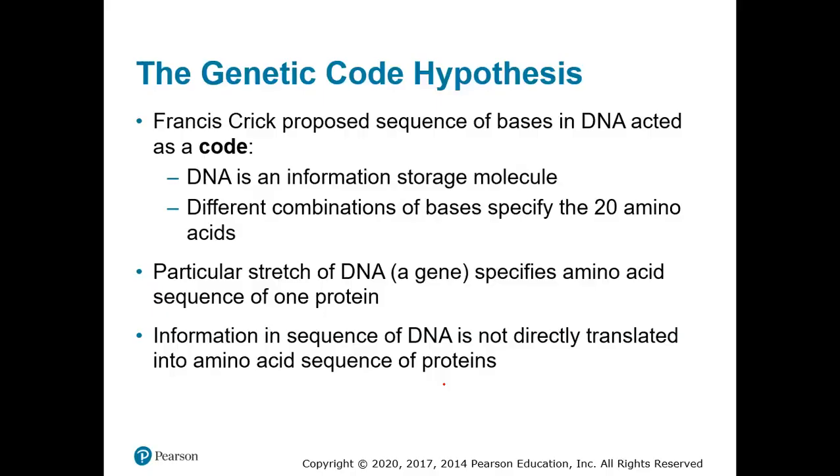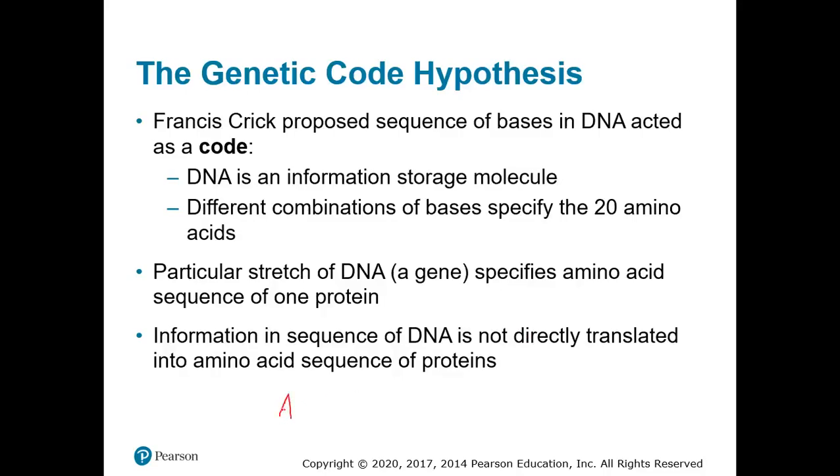And that is where we came up with the genetic code hypothesis. The sequence of bases in DNA acts as a code. So DNA is not what's physically making proteins. DNA is just the information storage. What combination of those bases specifies what combination of amino acids we're going to see.